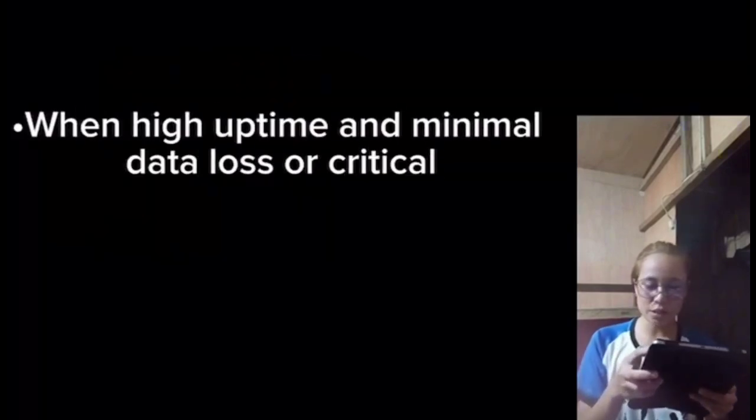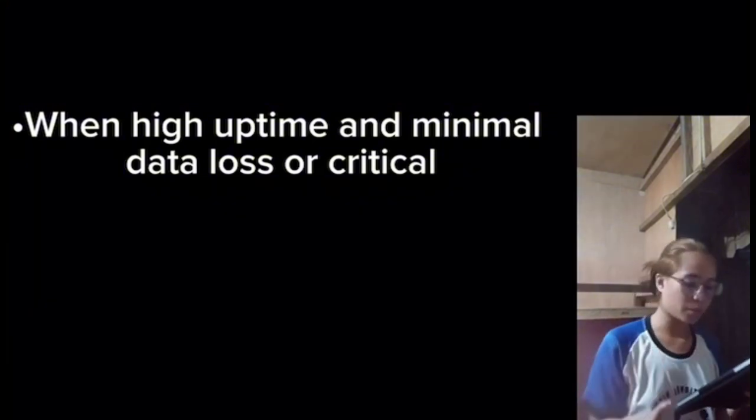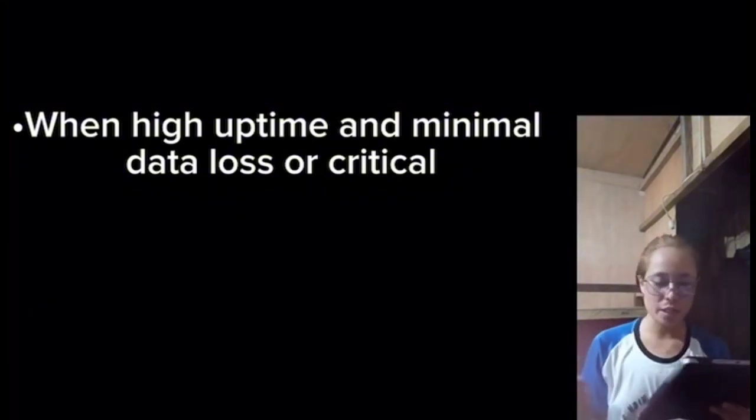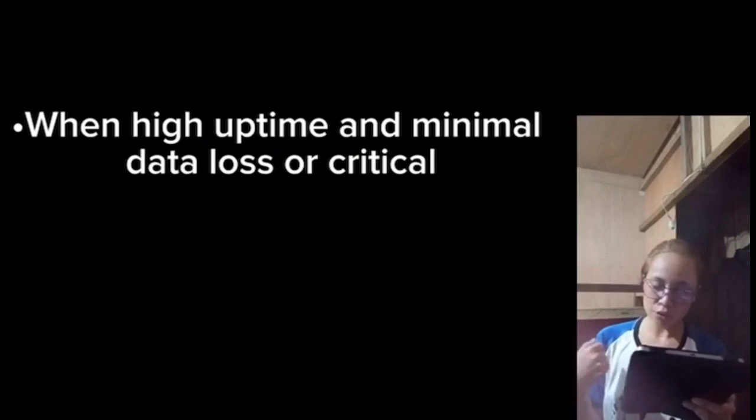And application errors, where you fix errors by recovering to a stable state. We also have cases where high uptime and minimal data loss are critical. With high uptime, minimizing downtime is essential, and data integrity and accuracy are vital. So by using PITR, or point-in-time recovery, you can ensure rapid recovery and minimize data loss in critical situations.